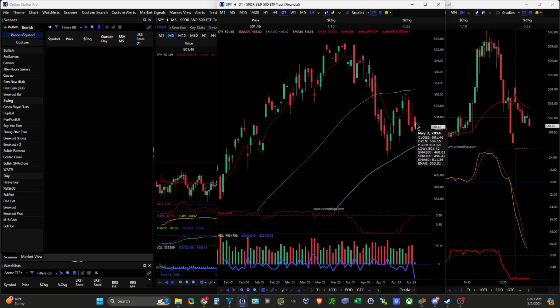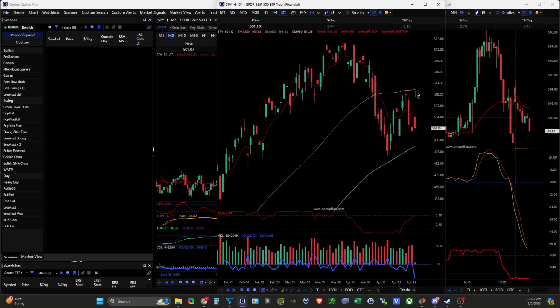So ideally I would like to be above that level. That would tell me that I feel much more comfortable because bulls now say, screw that level. We're good above it. We like it above there, and that's good.